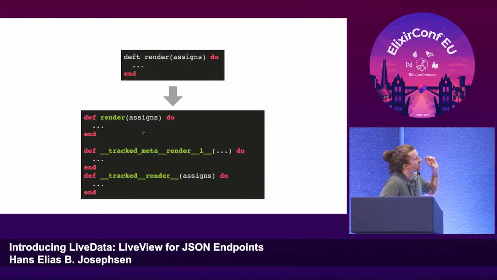It also creates a meta function, which returns some metadata about what templates are available in that function. And it creates a render function, which does the actual render, the diff. But this is different than what you would get when calling the normal function. It returns a lot of extra data that LiveData uses to make those efficient diffs.